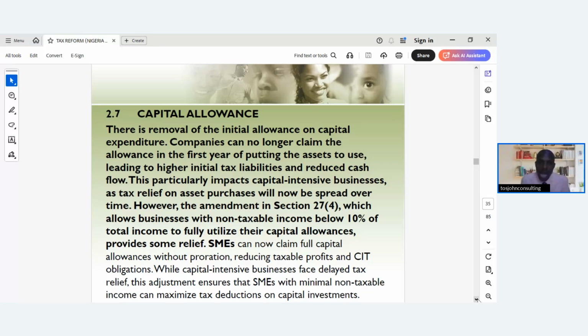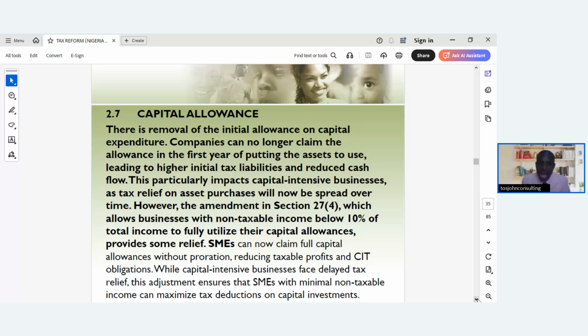So companies can no longer claim the allowance in the first year of putting the asset to use, leading to higher initial tax liabilities and reduced cash flow. That is what the implication is. This particularly impacts capital-intensive businesses, as tax relief on asset purchases will now be spread over time.